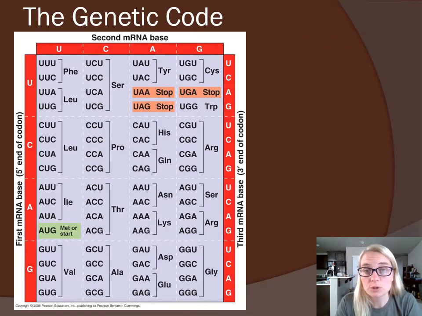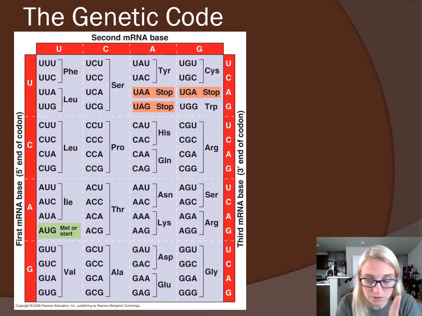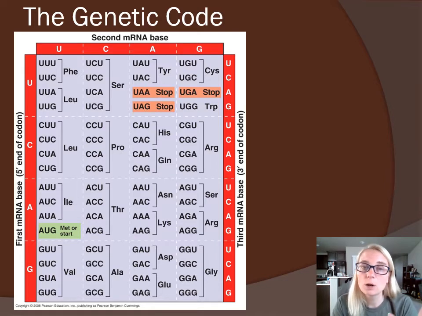Sometimes it's called the universal genetic code because it is true for every single living thing. And viruses. Viruses are not living, but they still follow this genetic code. So viruses, bacteria, archaea, fungi, protists, plankton, single-celled organisms, animals, plants. Every living thing that we know that has ever existed, pretty much, uses this genetic code.